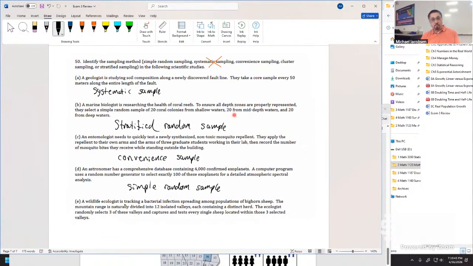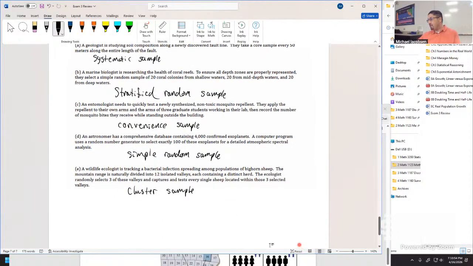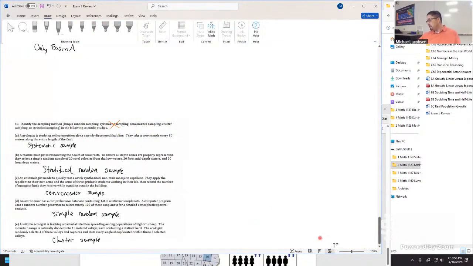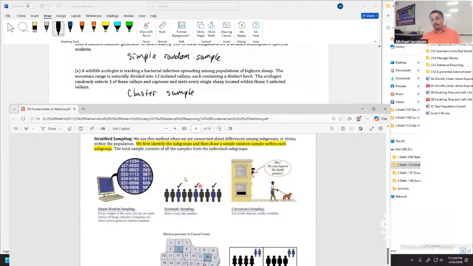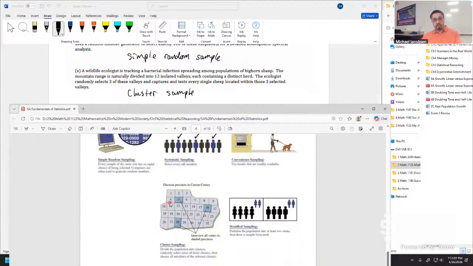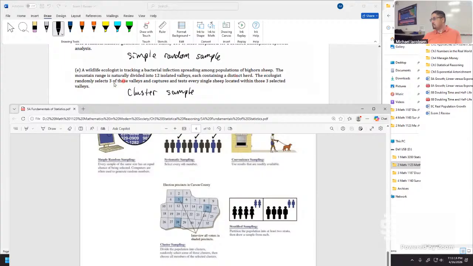The last one we didn't mention, but by elimination, is cluster sample. And it is in fact a cluster sample because what they're doing on the last one is dividing up a mountain range, breaking it up into regions like in this graph, and then capturing and testing every single sheep within those 3 selected regions.